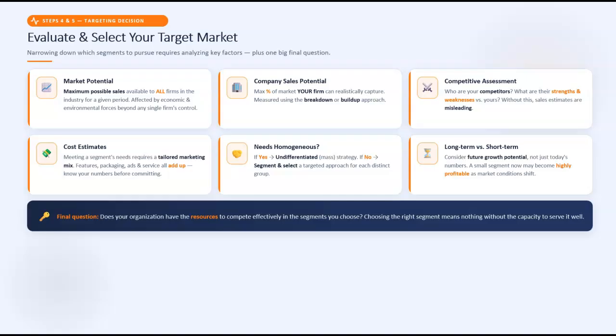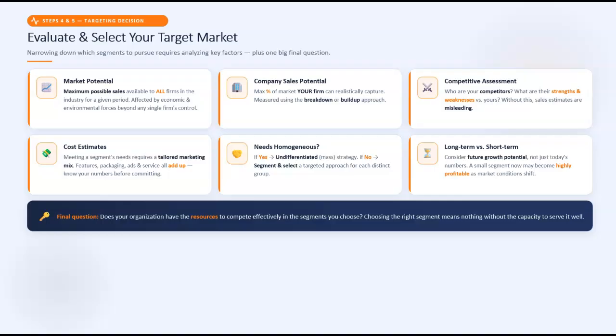You also have to evaluate and select your target market. You have to narrow down which segments to pursue, which requires analyzing key factors, plus one big final question. What is the market potential? What is the maximum possible sales available to all firms in the industry for a given period? So this is your research. Company sales potential: what is the maximum percentage of the market your firm can realistically capture?